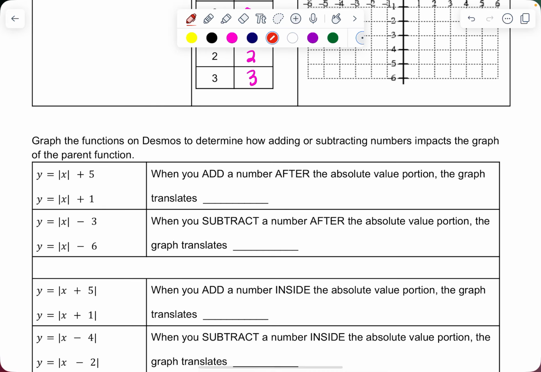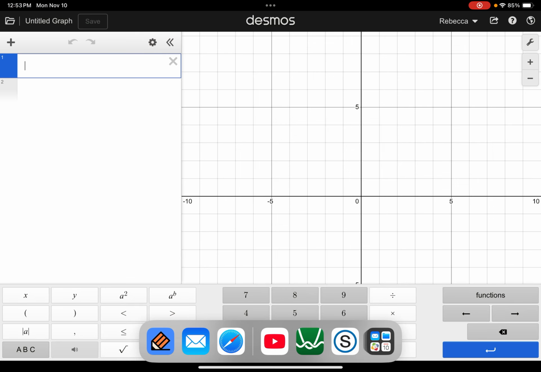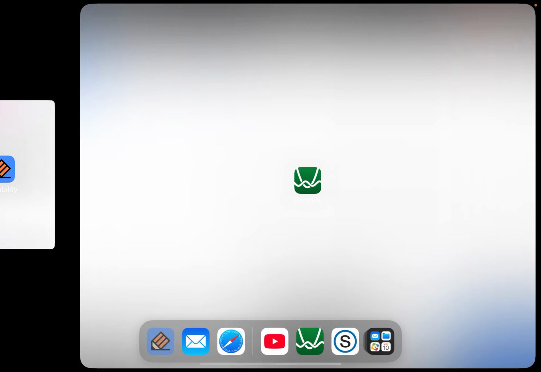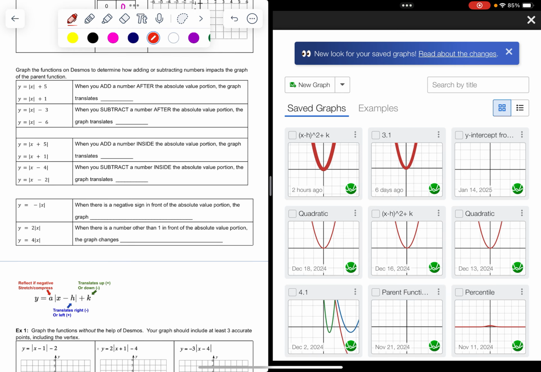All right, let's pull up Desmos here for these next ones. I'm going to do a split screen. We're going to graph each of these equations in Desmos.